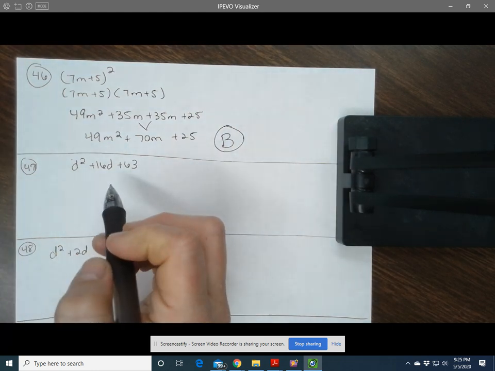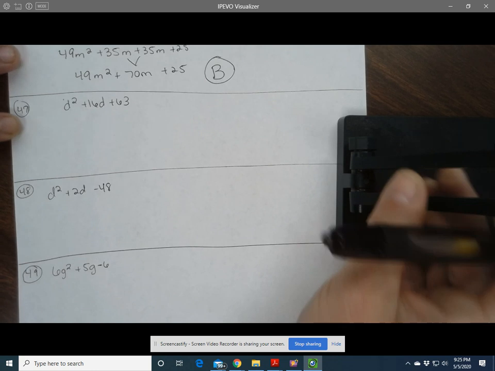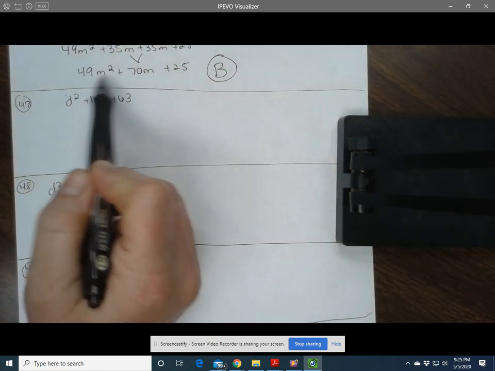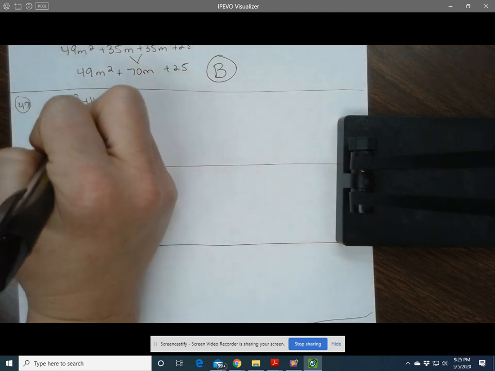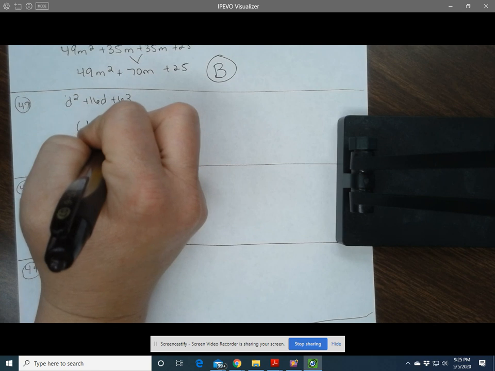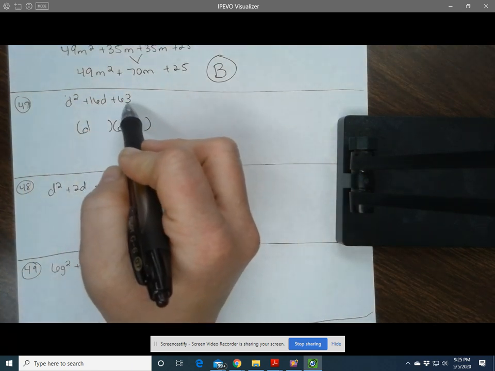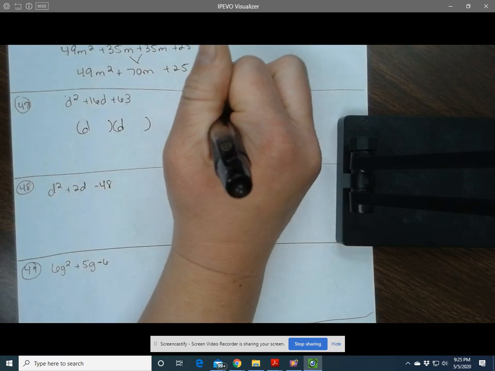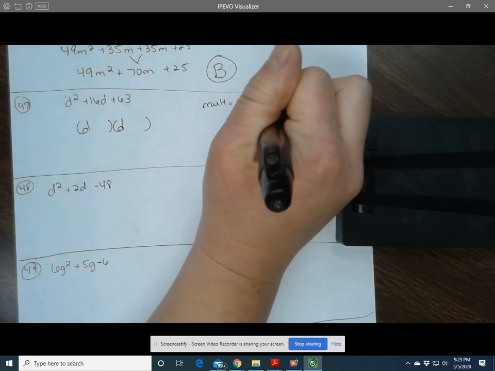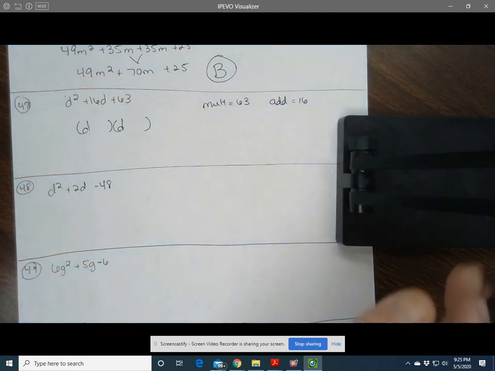All right, now for 47 and 48, you're going to be doing factoring. So we're working backwards. We're going from this form to go back to there. Whenever there's not a number in the front, I go ahead and set these up, and I know it's going to be D and D. And then I need to think about what two numbers multiply to give me 63, but when I add them, give me 16.